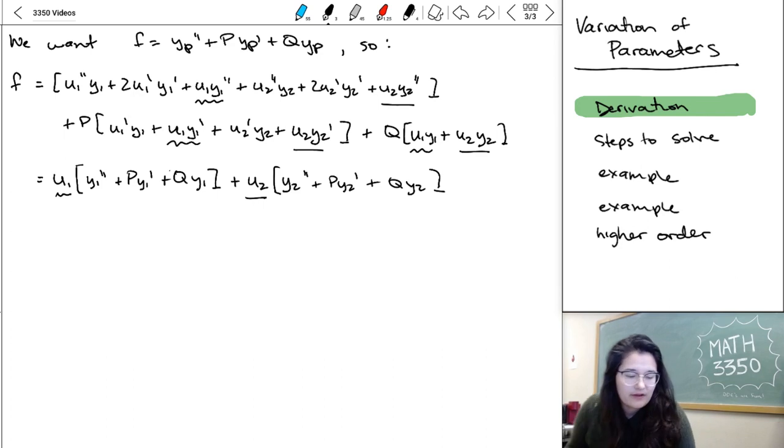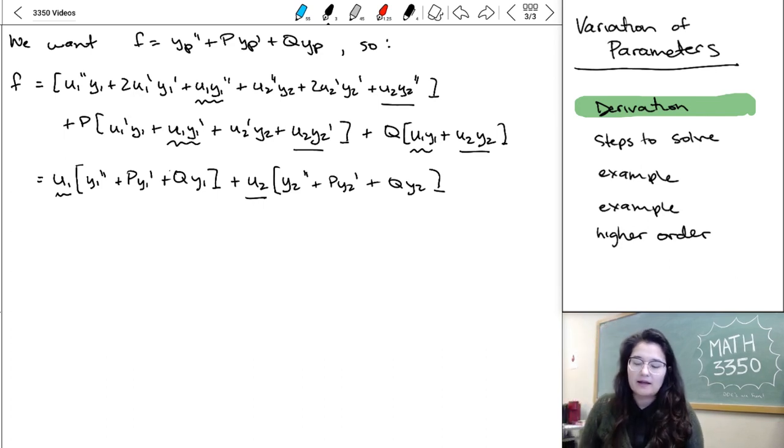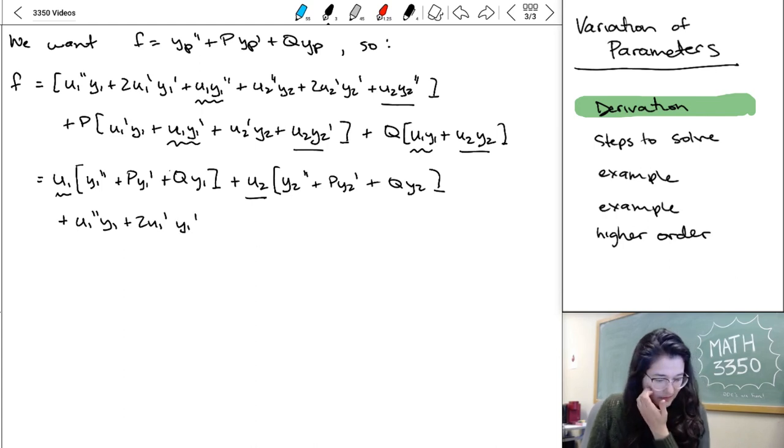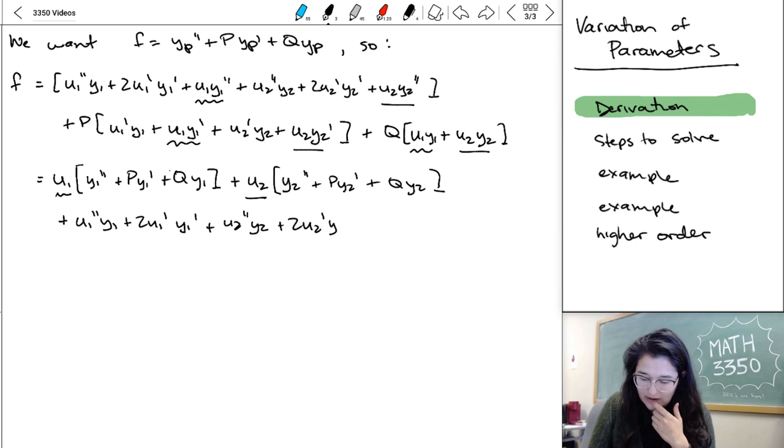And then everything else, I'll go ahead and write down that I haven't done anything yet. I've got u1 double prime y1 plus 2u1 prime y1 prime plus u2 double prime y2 plus 2u2 prime y2 prime.